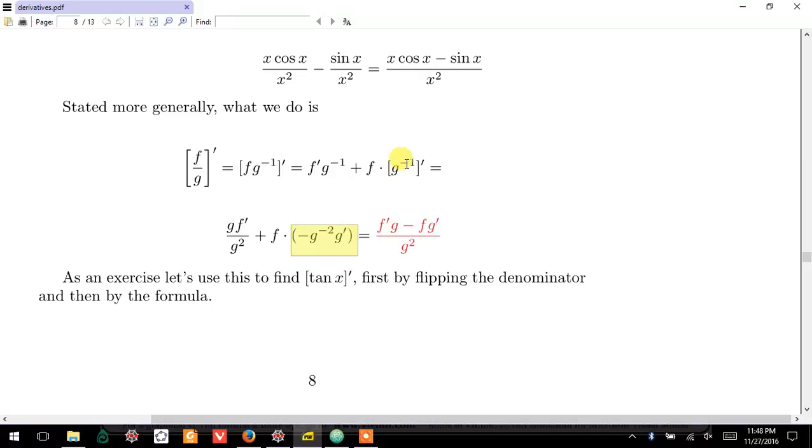So what does the chain rule say? It says take, the inner function is g, the outer function is x to the -1. So how do you take the derivative of x to the -1? You drop that -1 down, you subtract off the exponent, and then you multiply by the derivative of the inner function. Now, a few steps of algebra gets you the next equation, and we're done proving the quotient rule.